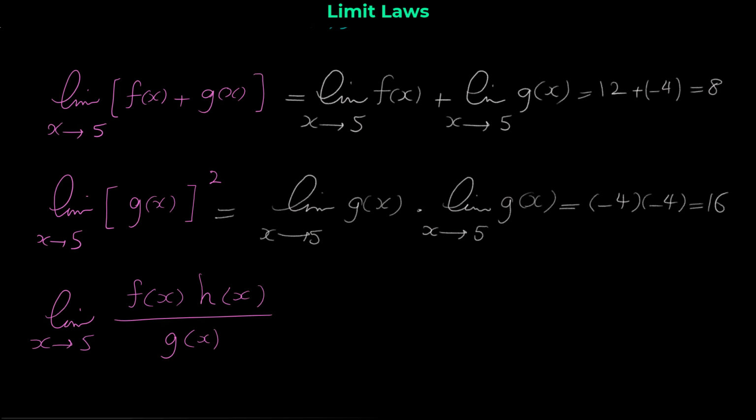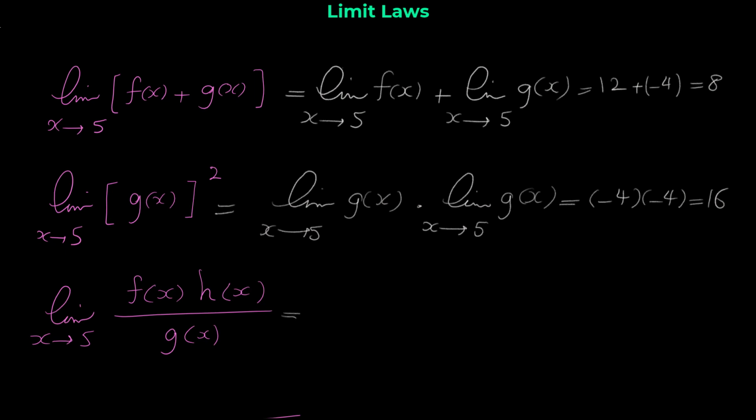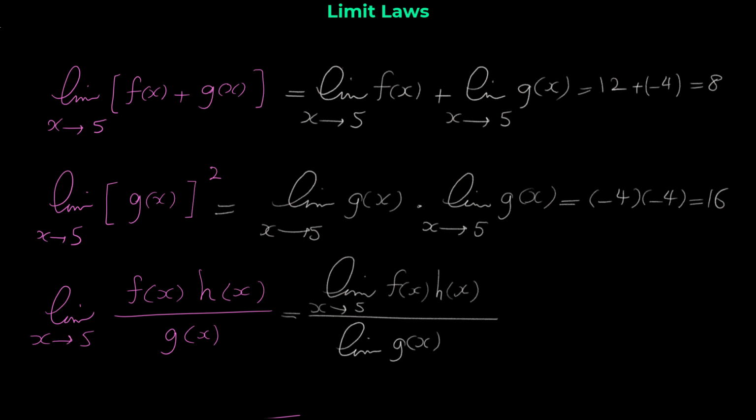The next question. What is the limit of f of x times h of x over g of x? First, based on the division rule that we had in the limit laws, we can write this as the limit of the numerator when x approaches 5 over the limit of the denominator when x approaches 5.